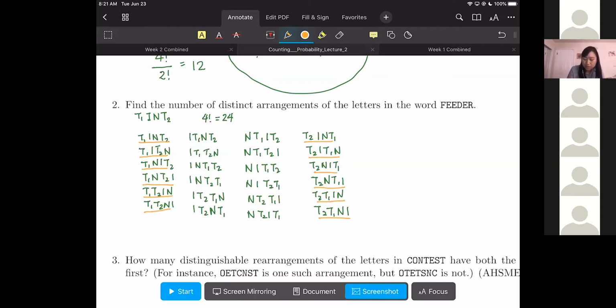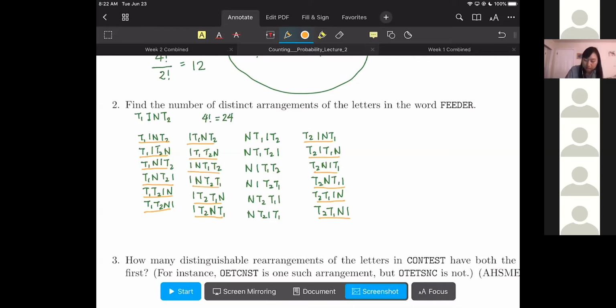And then we can also see for the ones that begin with I and N that everything's counted twice as well. If we look at I, T, N, T, we have it here twice. If we look at I, T, T, N, we also have it twice. And then if we look at I, N, T, T, here we have it twice.